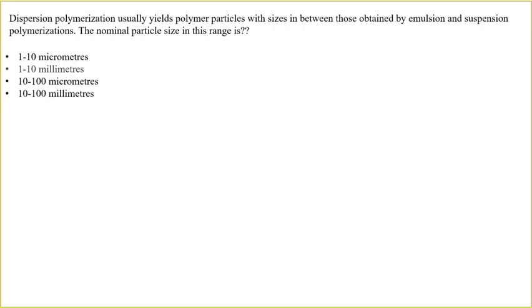In these two ranges, the only one which lies in between is 1 to 10 millimeters. So that is the correct answer. The polymer particle yielded will be between the size of 1 to 10 millimeters. So that is the correct answer for this question.